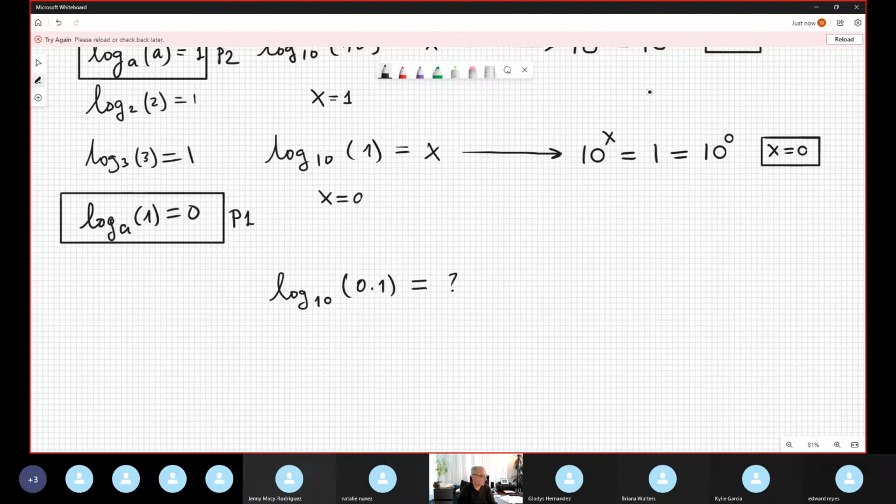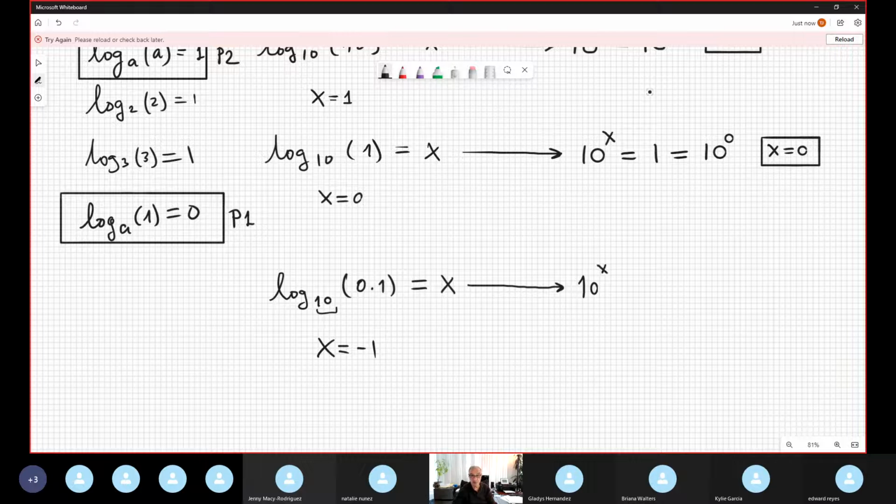Interpretation. No idea? Nobody? -1. Very, very well. She said that the answer is -1. Let me prove it. Don't worry, be happy if you don't know. You put X. You convert to exponential, and the base is 10. This small 10 becomes a big 10 in the exponential.